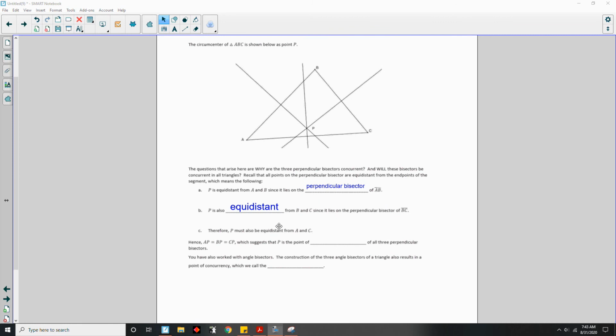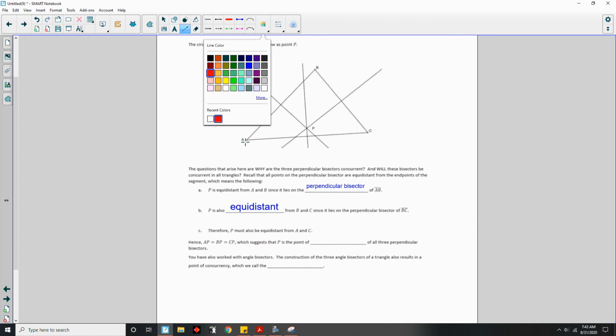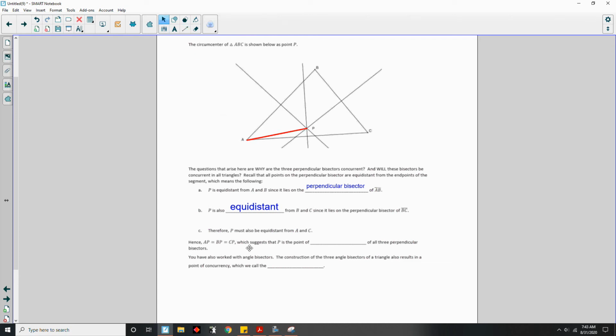Therefore, P must also be equidistant from A and C. Hence, AP, if we drew a line segment from A to P, so let's do that. So I want to show you that this is true. Let's use red. So if I draw a segment from A to P, there it is. So AP equals BP. Well, is that true? Let's take a look.